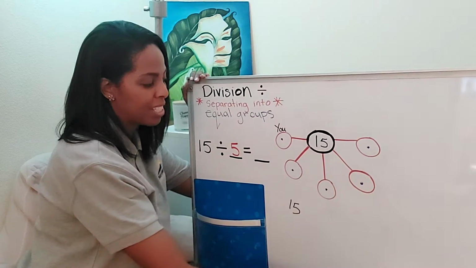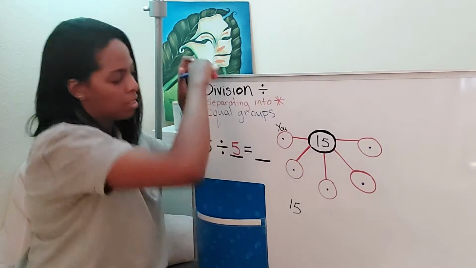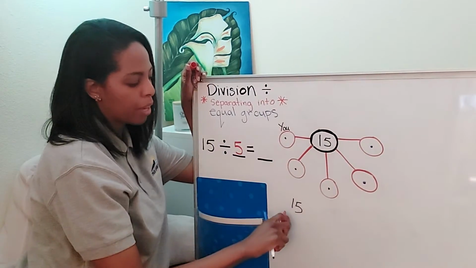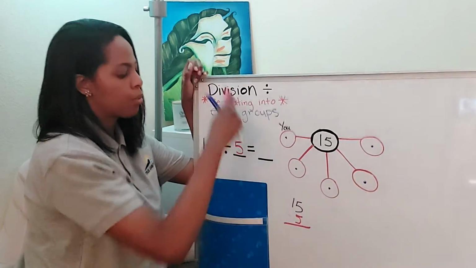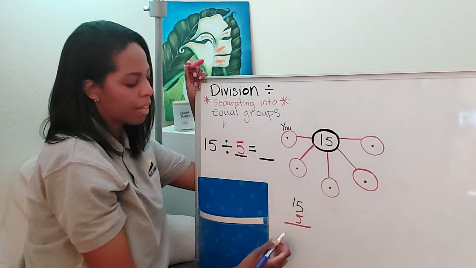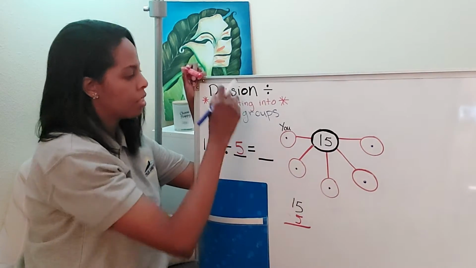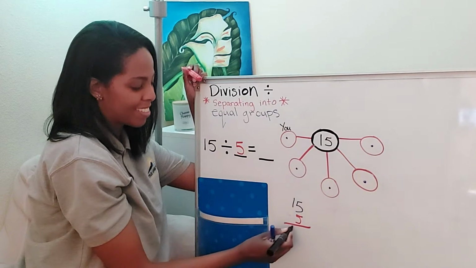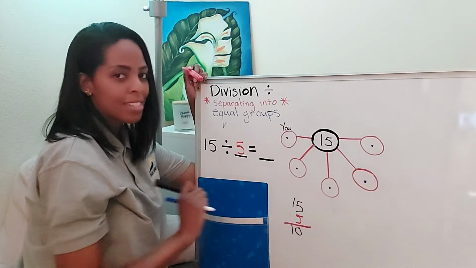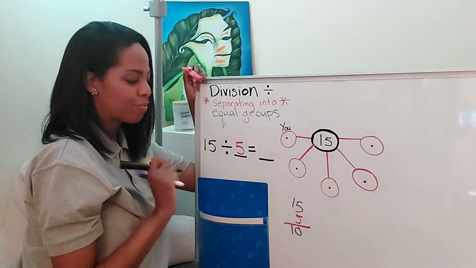But now you've already given away 5 from the bag. So 15 minus 5 leaves us with how many gummies in the bag? You got it, 10. 10 gummies in the bag.